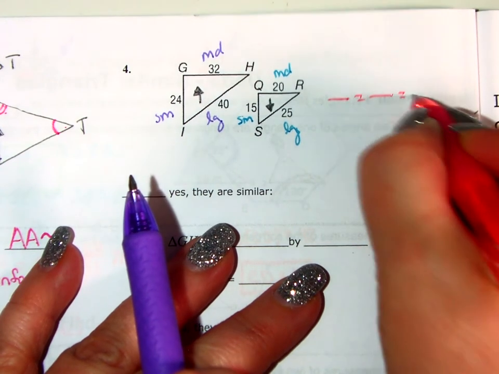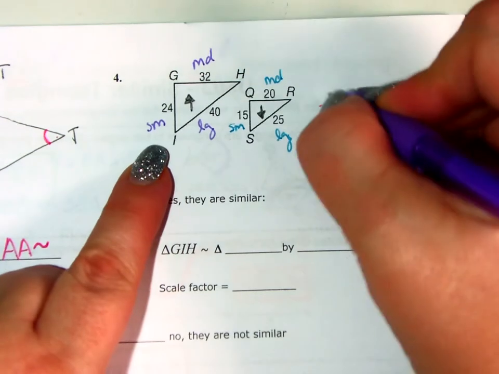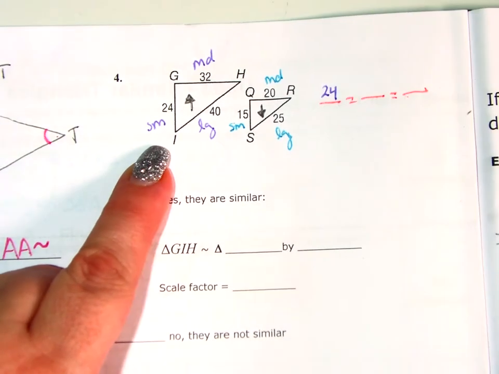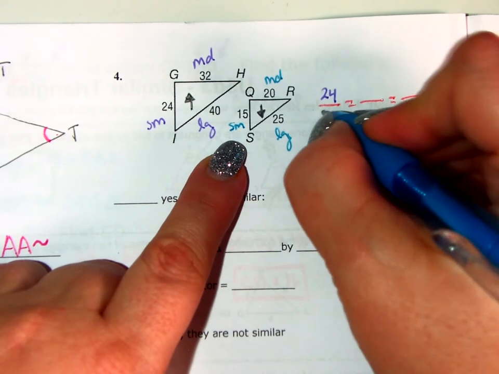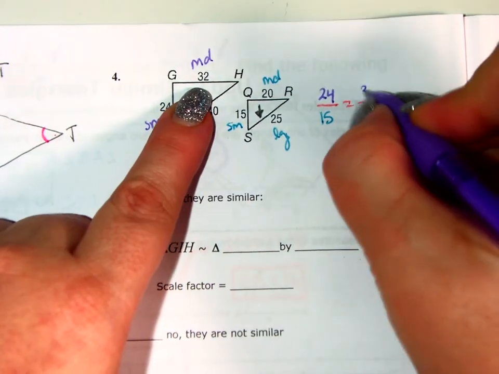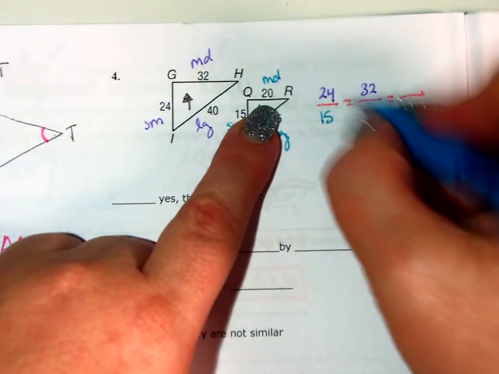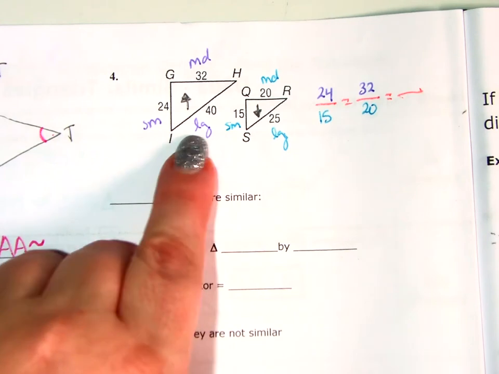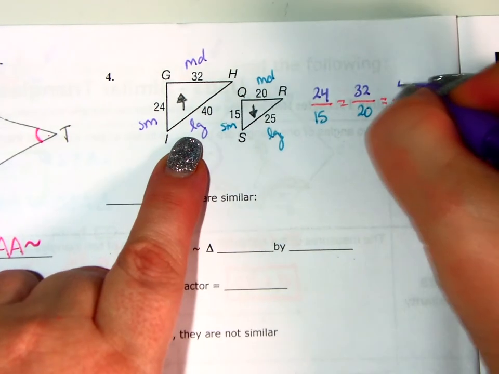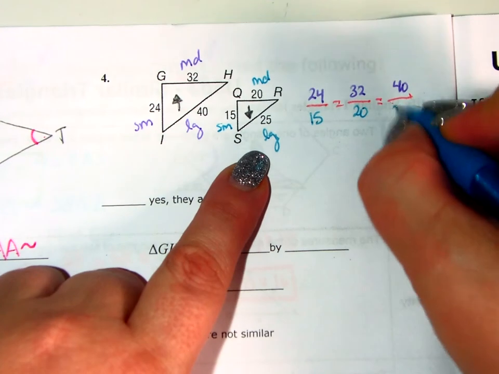3 fractions, small, medium, and large. My small side 24 will match my small side 15. My medium side 32 will match my medium side 20. And my large side 40 will match my large side 25.